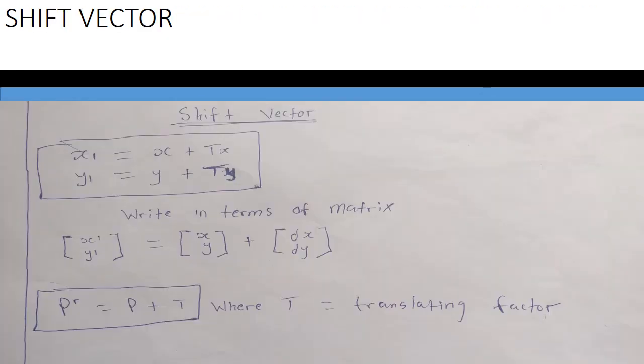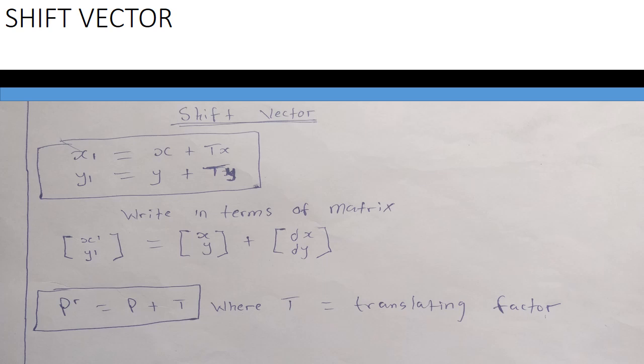Now the shift vector is a process of using those formulas to interpret questions. This is just a formula. We have x1 = x + tx, then y1 = y + ty.